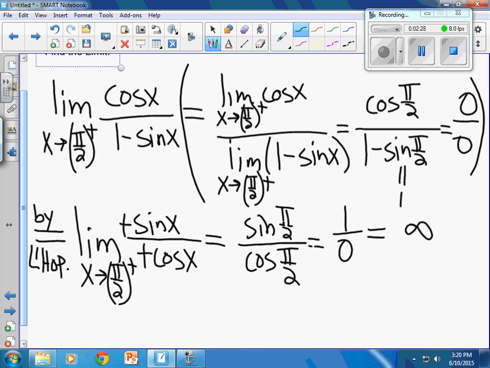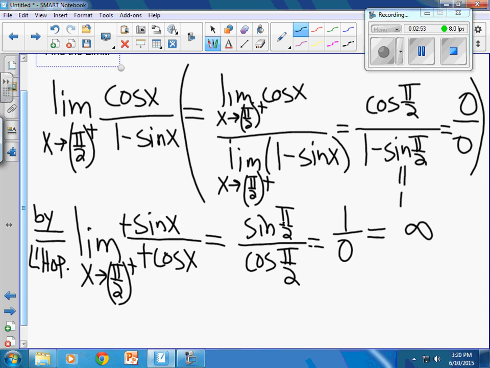We have to know what the values of sine and cosine are close to pi over 2. So if x gets close to pi over 2 from the right, that means that x is a little bigger than pi over 2. And if x is a little bigger than pi over 2, then we're going to be in the second quadrant. And the sine of x in that case is positive.